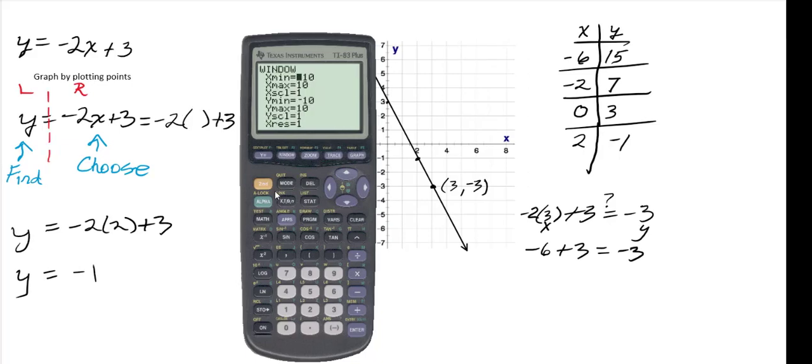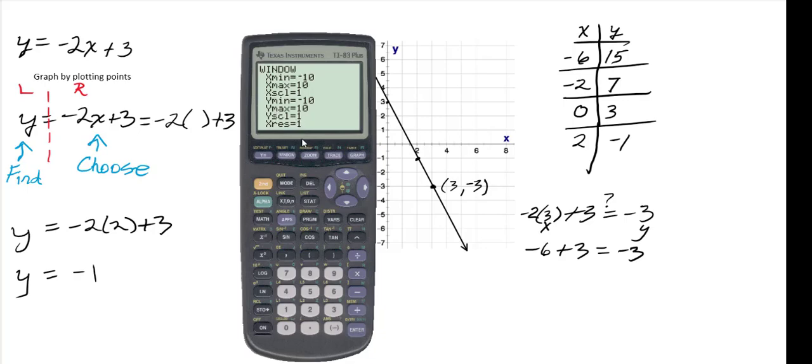Okay, so Y min, Y max, this just tells me how far down I want my axis to go on the Y axis. So here I have it set on -10 units, and the highest number on the Y axis is 10 units, and each tick mark on the Y axis is 1 unit apart. And don't worry too much about this X res equals 1. We don't need to modify that.